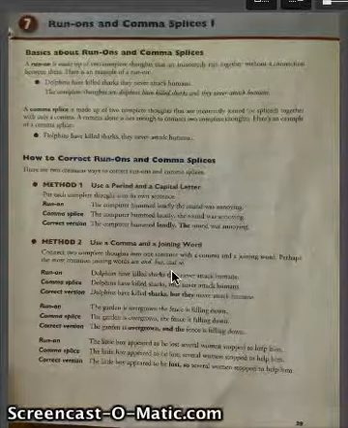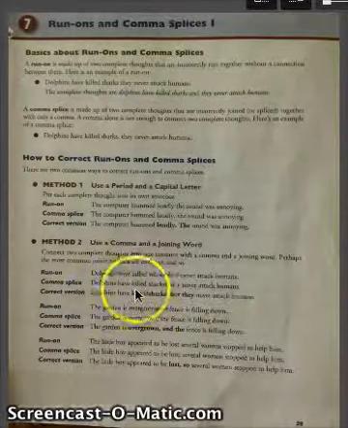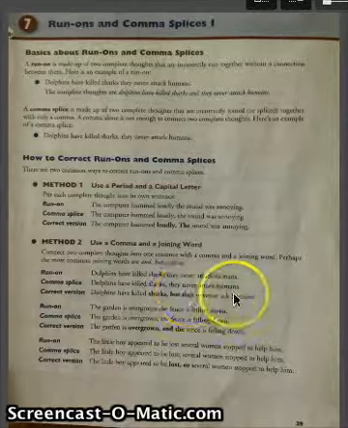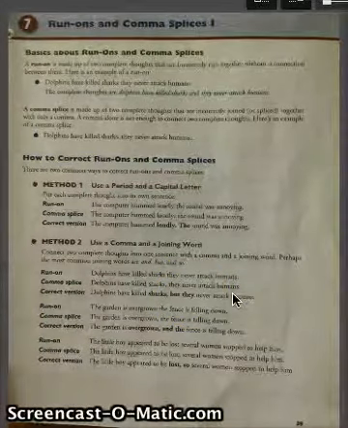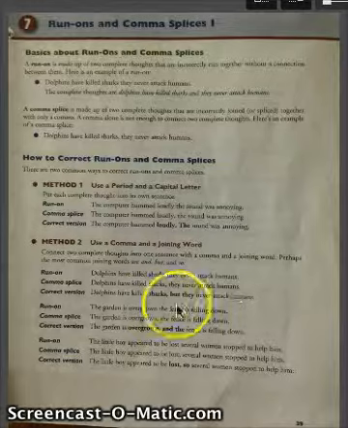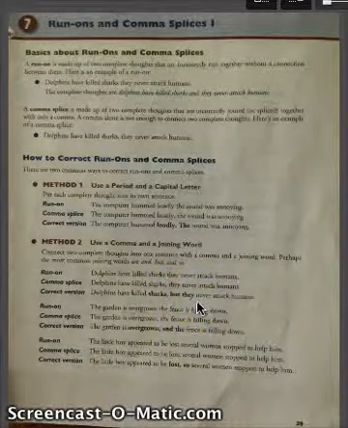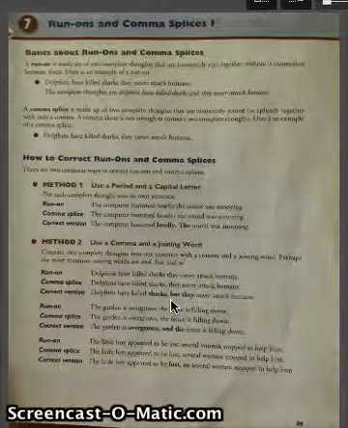They never attack humans. Comma splice. Dolphins have killed sharks, comma, they never attack humans. Here's the corrected version. Dolphins have killed sharks, comma, but they never attack humans. But is a coordinating conjunction.